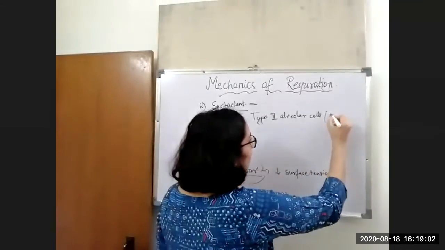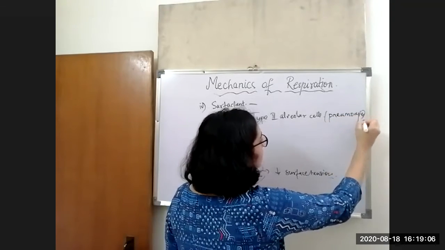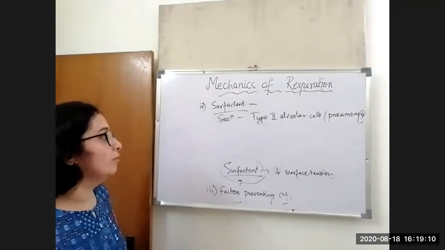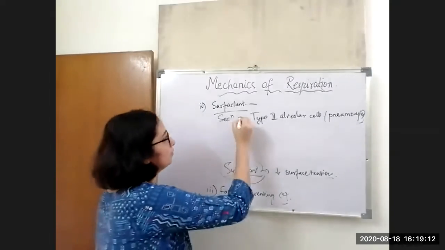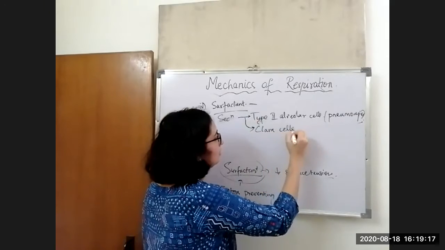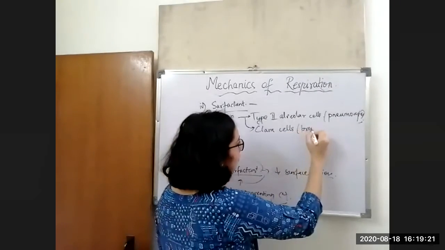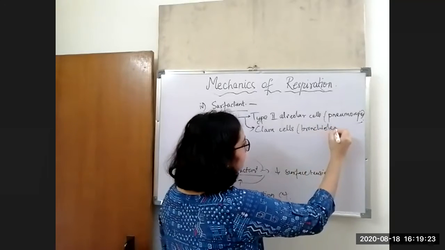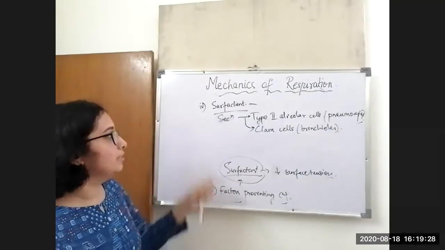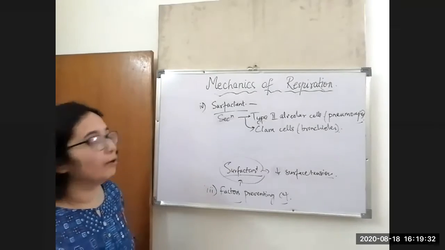These are the types of alveolar cells, also known as pneumocytes. Also, it is secreted from the Clara cells. What are these Clara cells? These cells are present in the bronchioles. So it is secreted from two types of cells: type 2 alveolar cells, or the pneumocytes, and the Clara cells in the bronchioles.